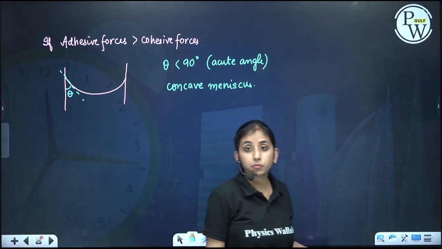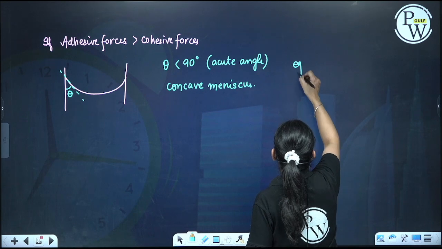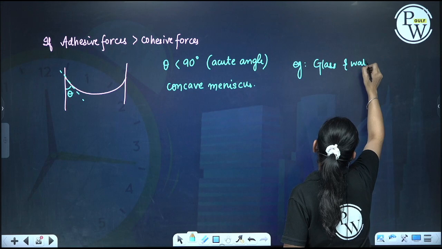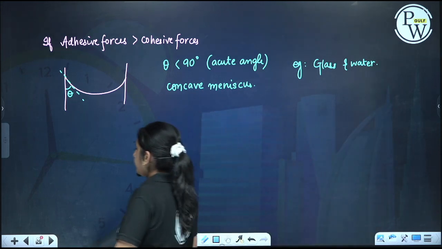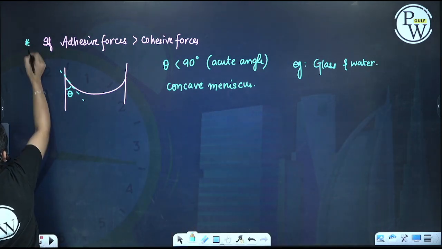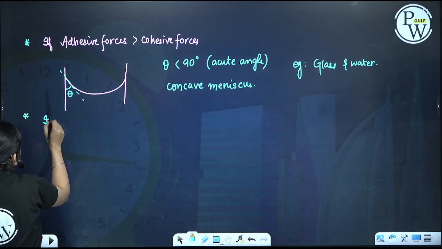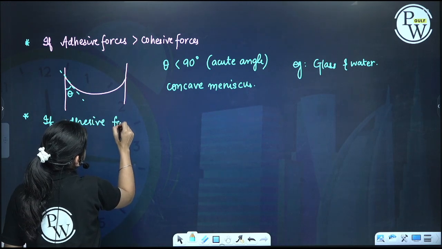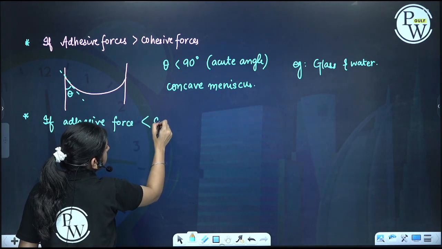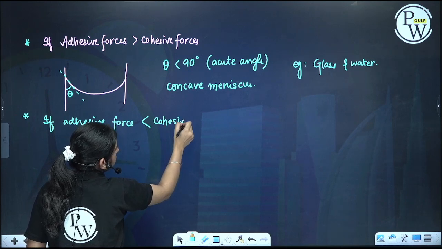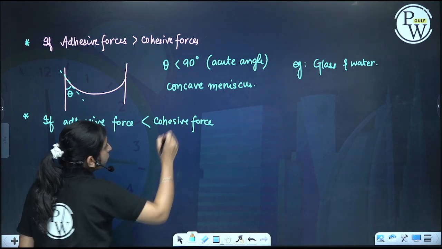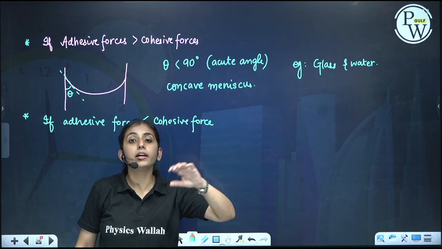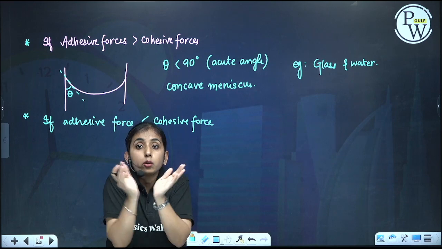Example is glass and water. Next, if the adhesive force is smaller than the cohesive force, it will not try to stick to the container, it will not try to wet the container, it will try to contract itself.